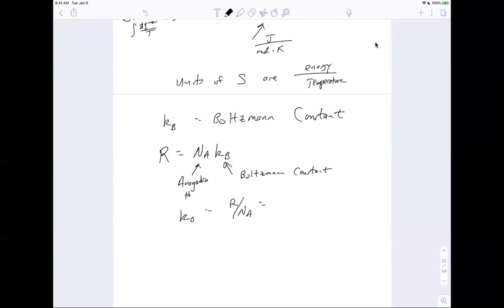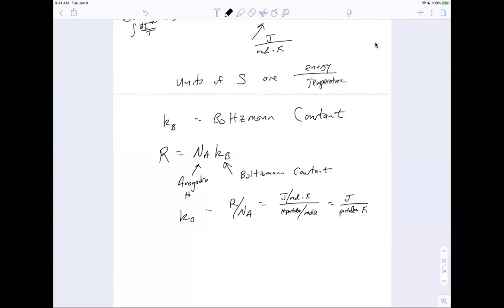So really R is joules per mole K, and Avogadro's number is particles per mole, so what we're left with is joules per particle K. So K is really just R per particle. R was joules per mole K, and K sub B turns out to be joules per particle K.